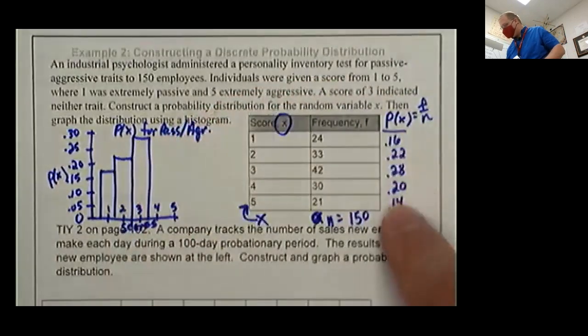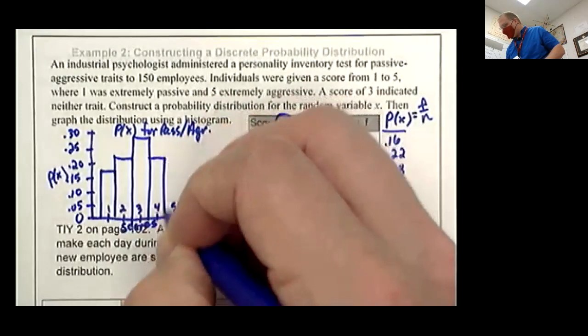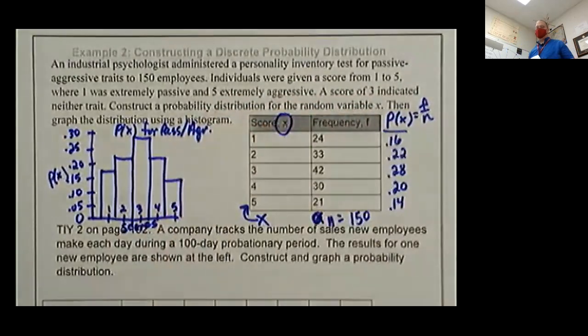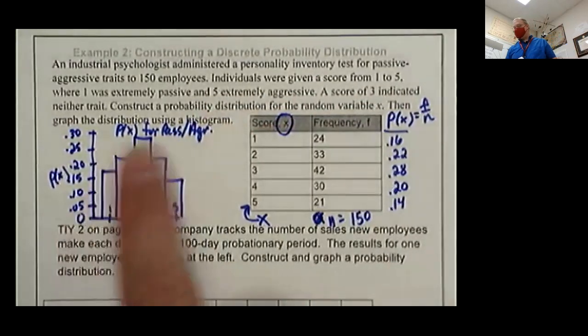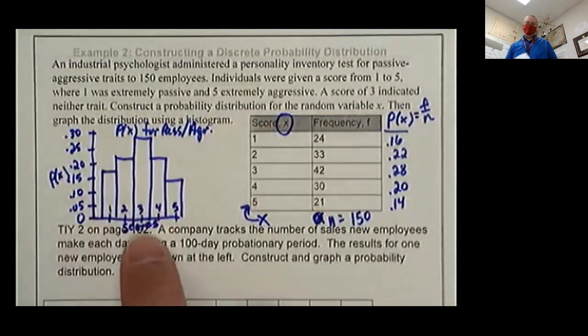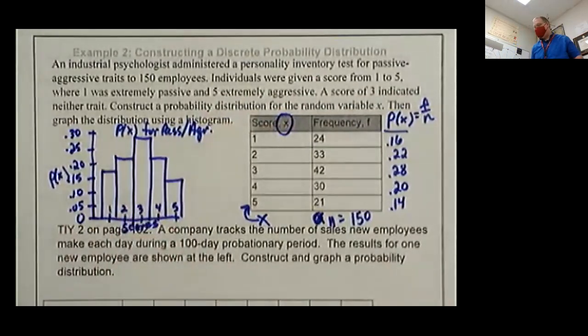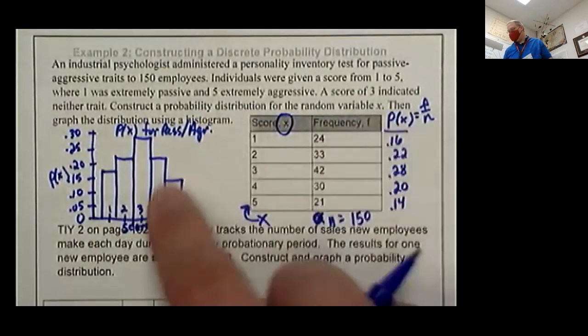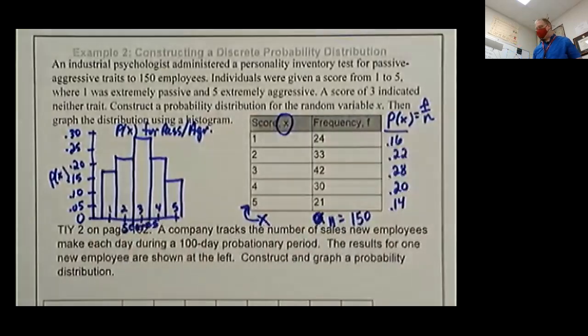We have a 0.20 for 4, and we have a 0.14 for 5. So there is our probability distribution. Now you'll know from previous lessons that it looks like a symmetric uniform distribution. And so that's something to talk about. We've talked about that before. And so did we answer our questions? We graphed the distribution using the histogram. So that graph was our answer.